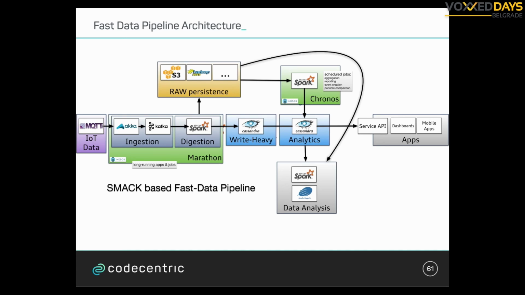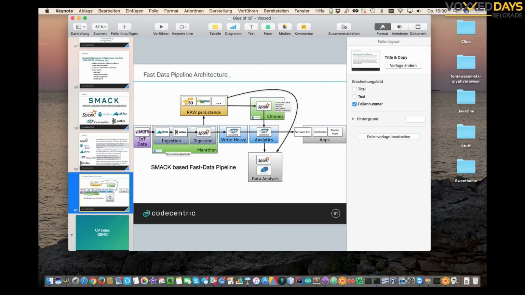And all this SMACK stack is a toolbox which you can use for creating this kind of fast data pipeline. And also the MQTT protocol is used for transporting and creating the data stream, which is then produced by this kind of setup. But you could fill additional talks with this pipeline architecture, I think.